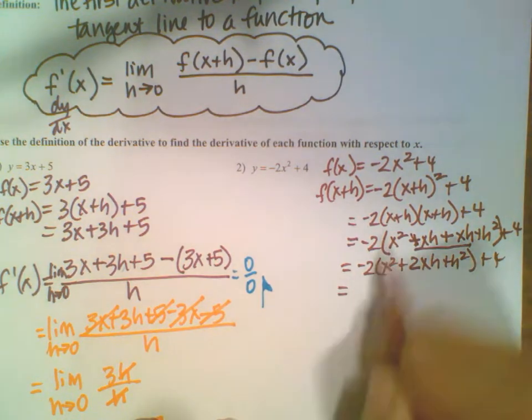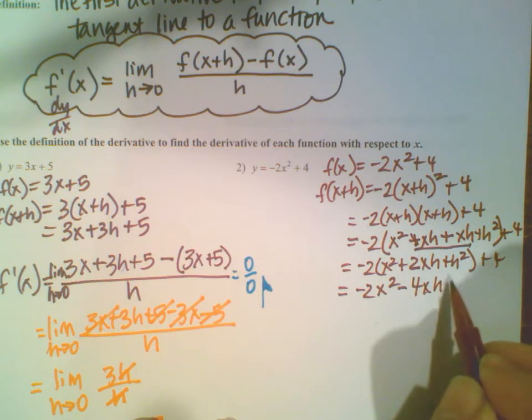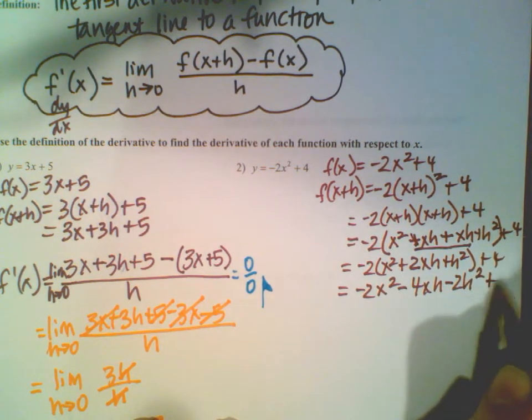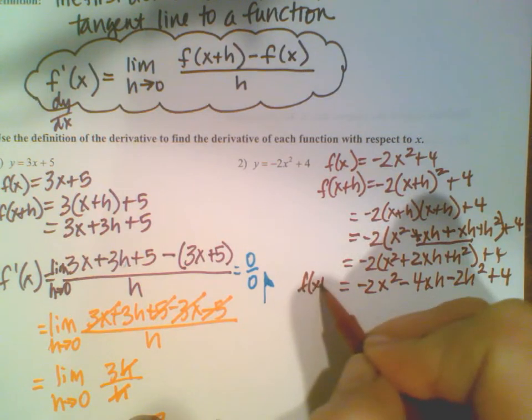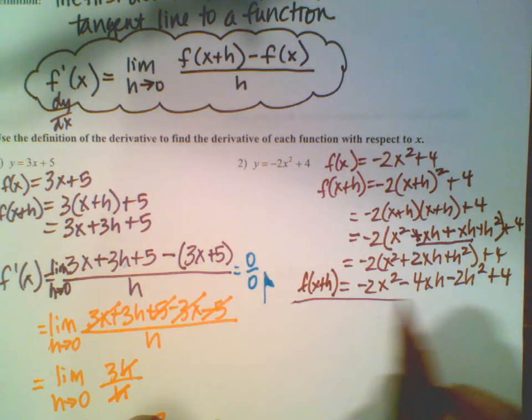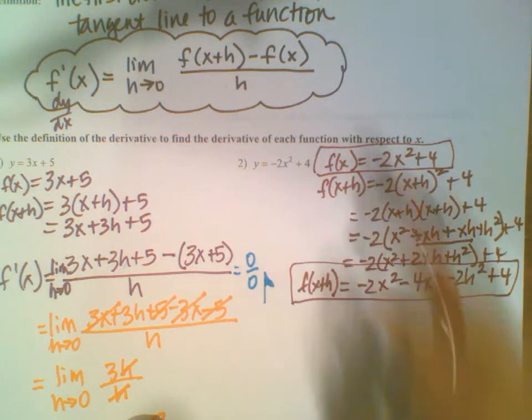Distribute the negative 2 through, so this is negative 2x squared minus 4xh minus 2h squared plus 4. So now this is my f of x plus h portion. So this is the part that I'm going to use in my formula, and this is my f of x portion.